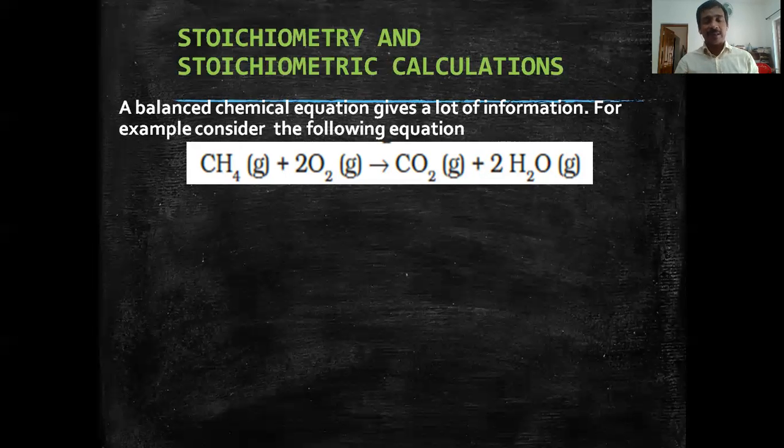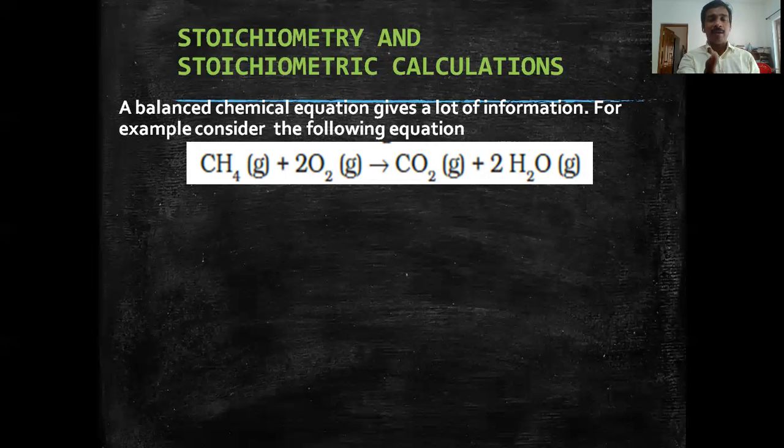We can say methane reacts with oxygen to form carbon dioxide and water. Or we can say 1 mole of CH4 reacts with 2 moles of oxygen to give 1 mole of CO2 and 2 moles of H2O.